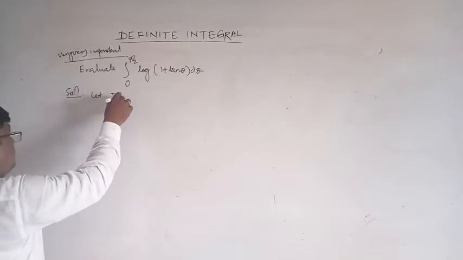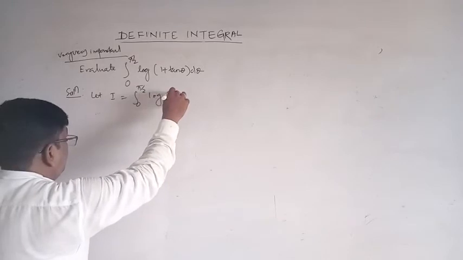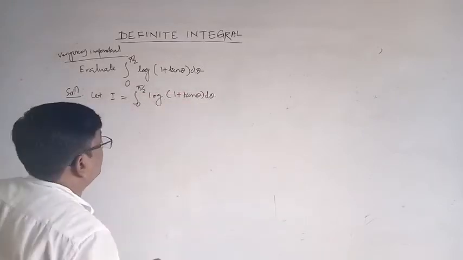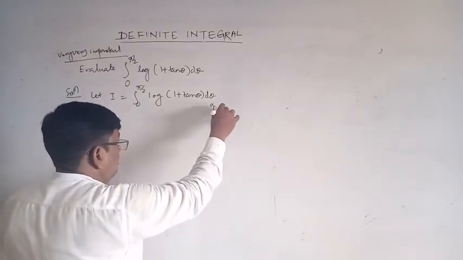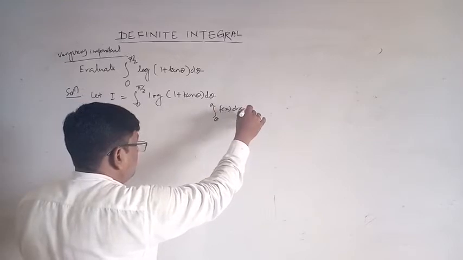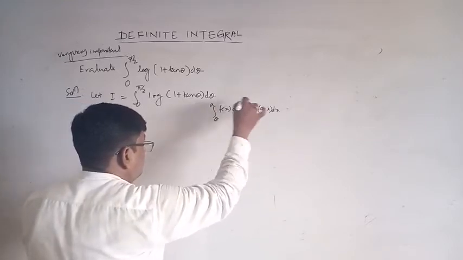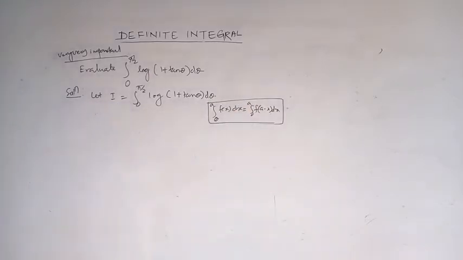Let I be the integral from 0 to pi by 2 of log of 1 plus tan theta d theta. Apply the property: integral from 0 to a of f of x dx is equal to integral from 0 to a of f of a minus x dx. Apply this property.